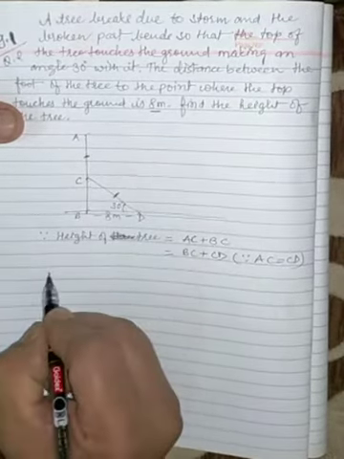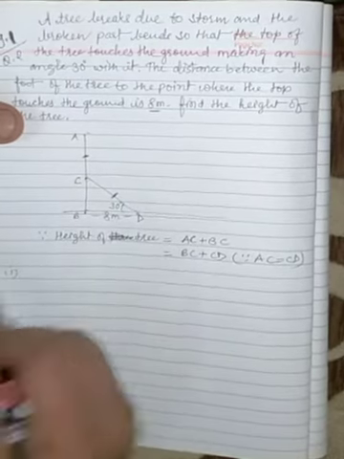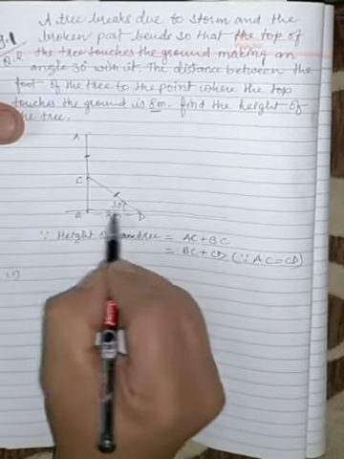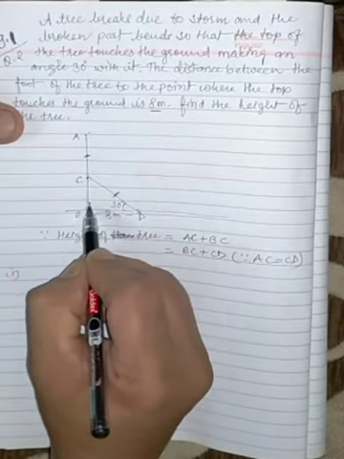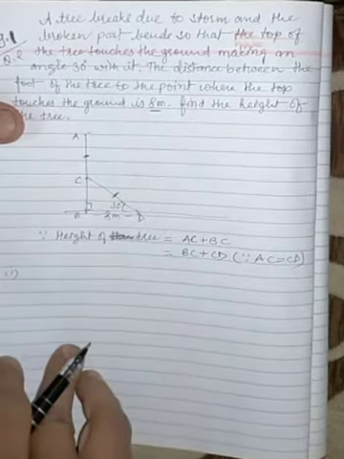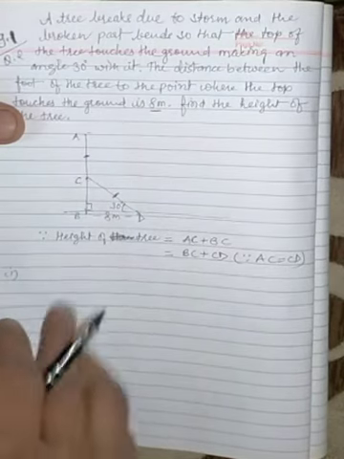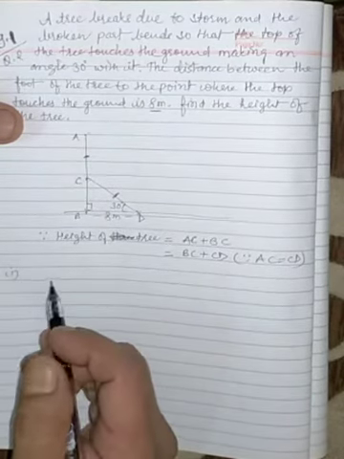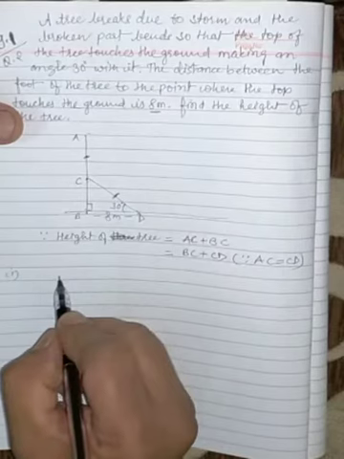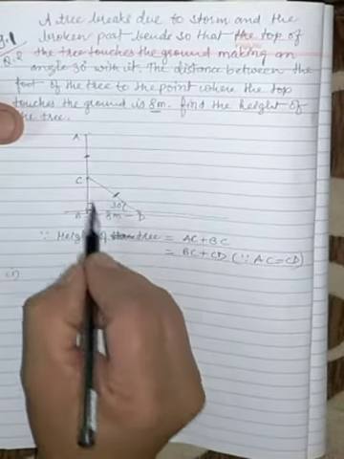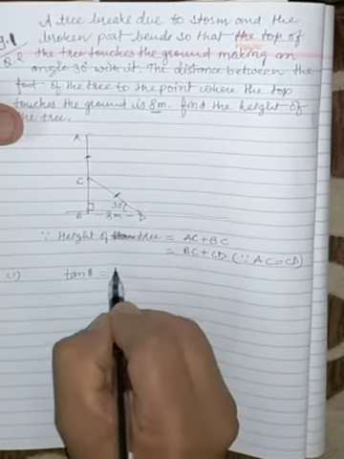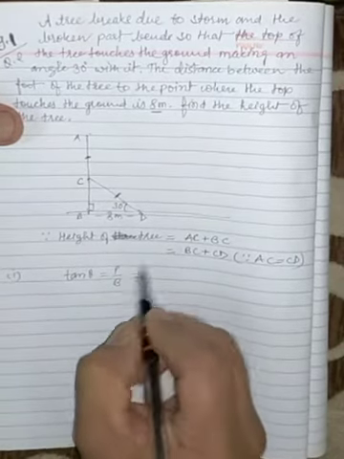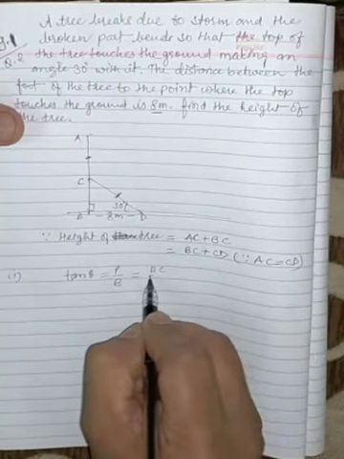So in first case, we have base given and perpendicular we can find out, and we know that the tree is standing perpendicularly, so it's a right angle triangle. In first part, relating perpendicular and the base with tan, tan theta is equal to perpendicular upon base, which is equal to BC upon BD.